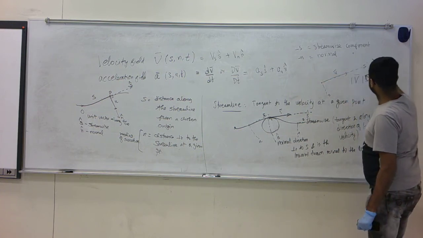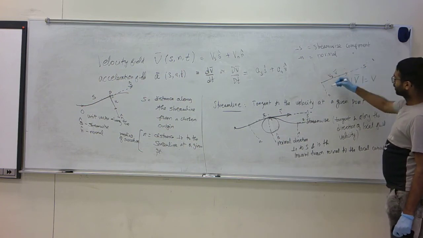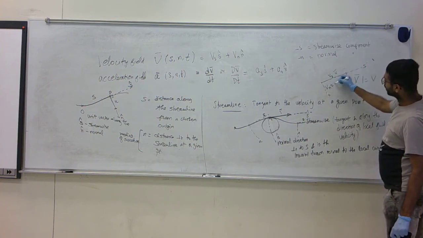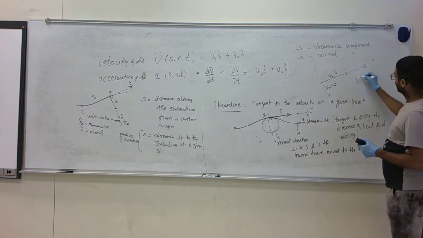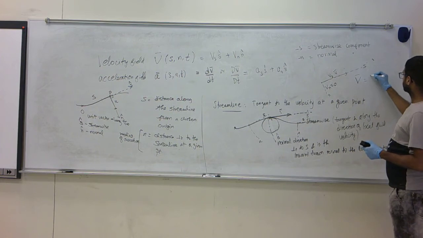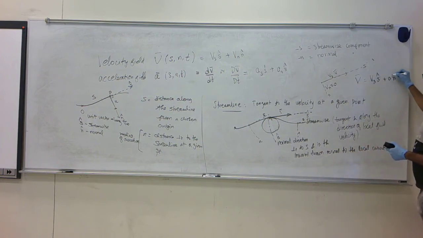So you can simply write the velocity is Vs times S cap plus 0 times N cap, in other words Vn is 0.